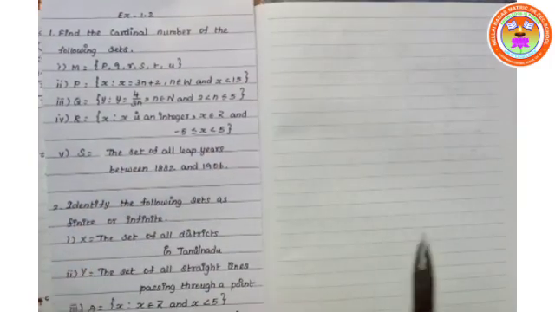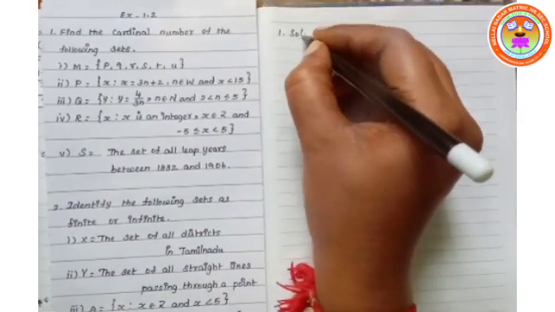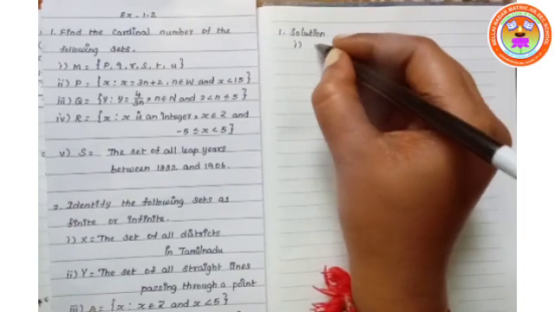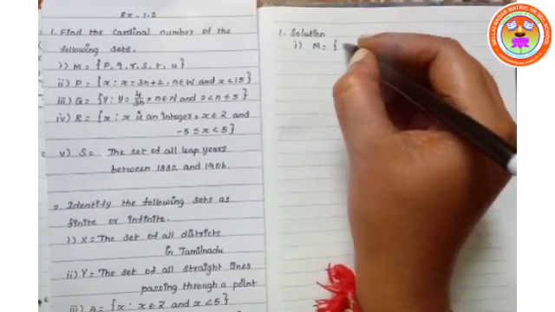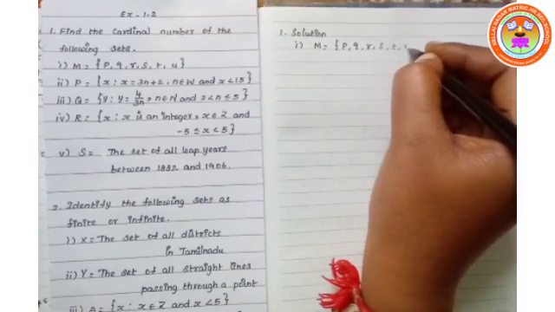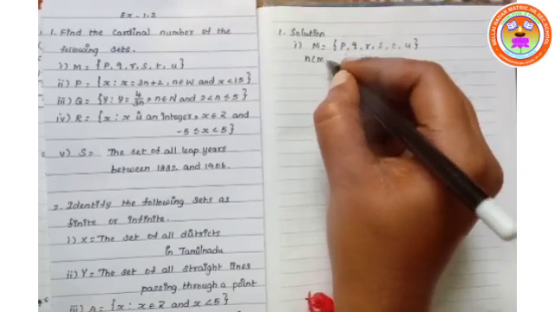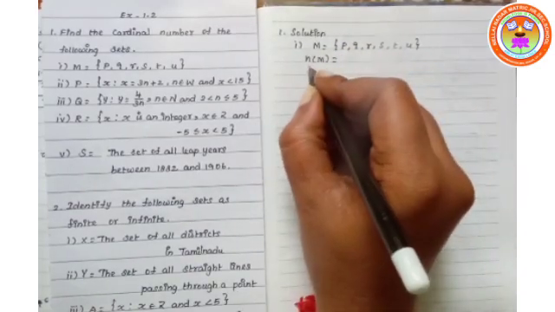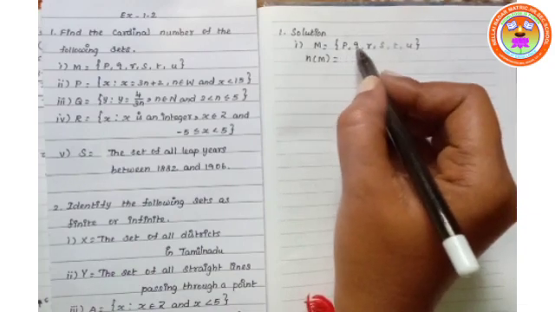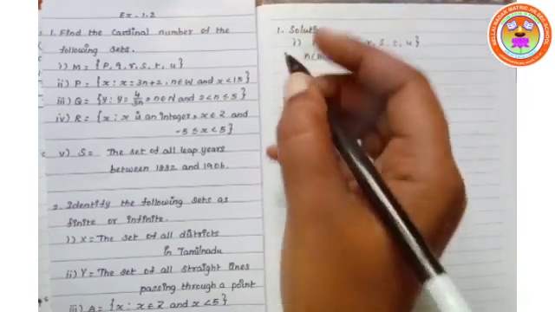They have given the set M equal to {P, Q, R, S, T, U}. So, the number of elements in the set, you have to write like this, n(M). n(M) is equal to, count the elements, 1, 2, 3, 4, 5, 6. So, n(M) is equal to 6.